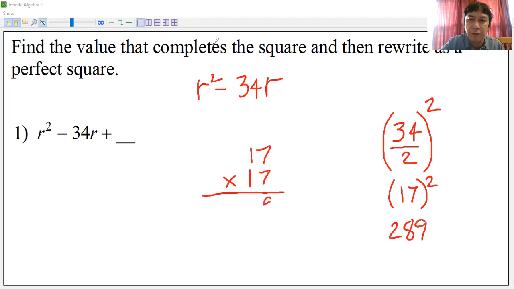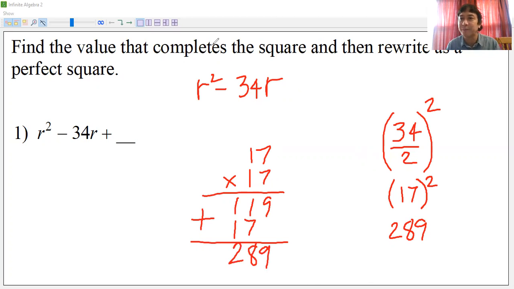That's 49, carry a 4, you have 11. Then you have 1 times 7, 1 times 1. Then you proceed by addition. I'm just showing you how to square it. And how did I get that 289? That's 9, 8, and 2. So the 289 is going to be added.